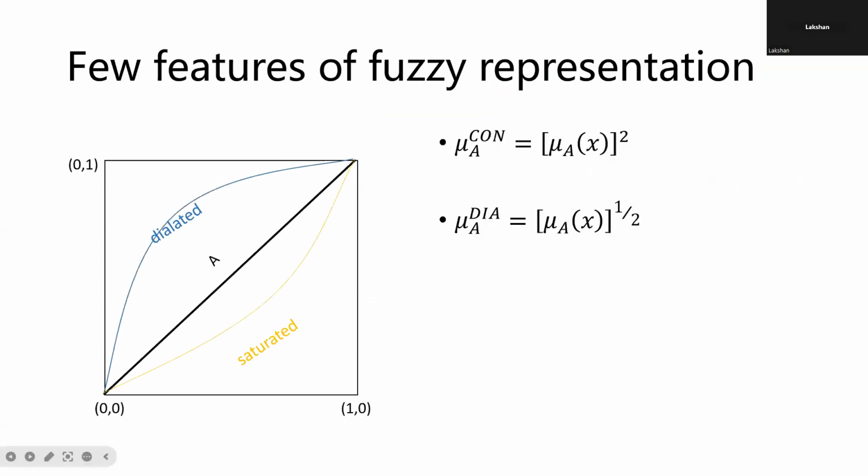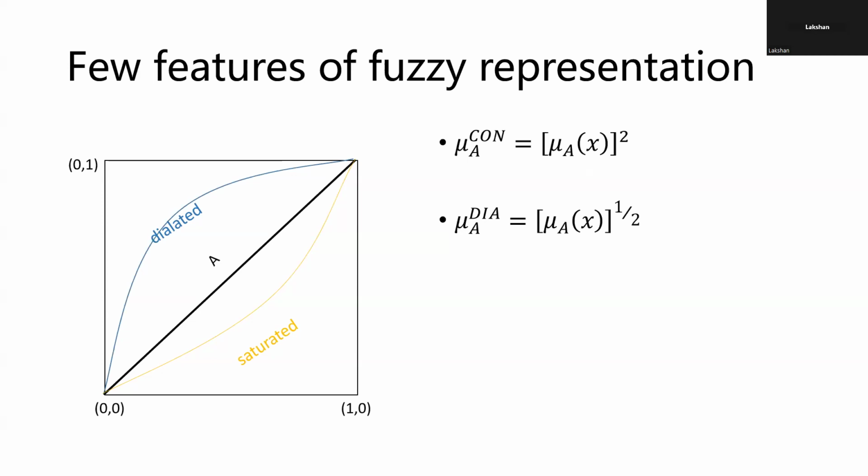Before moving on, we need to know about concentration and dilation. The membership values that we have are between 0 and 1, that means decimal numbers.